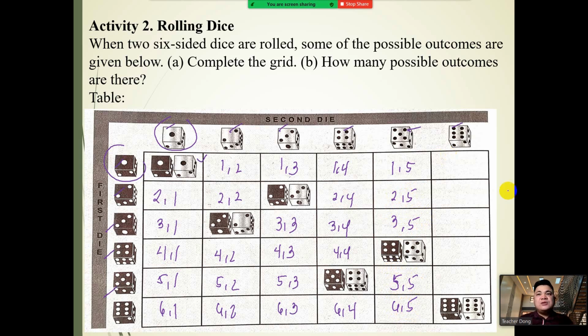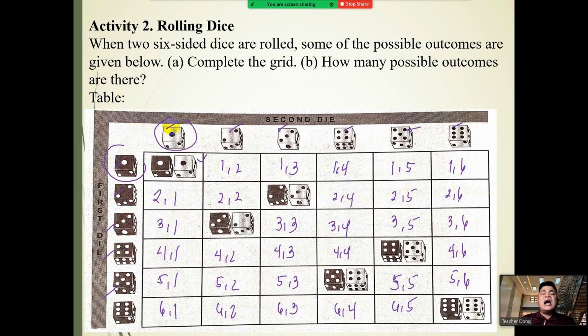For the last column, we have 1 and 6, 2 and 6, 3 and 6, 4 and 6, 5 and 6, and 6 and 6. So these are now the list of all possible outcomes. The first method of the fundamental counting principle is the use of a table, or tabular method.